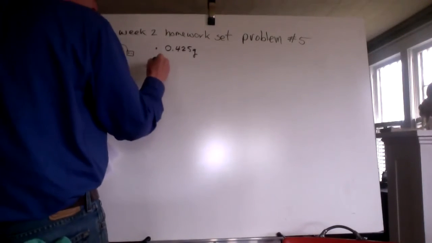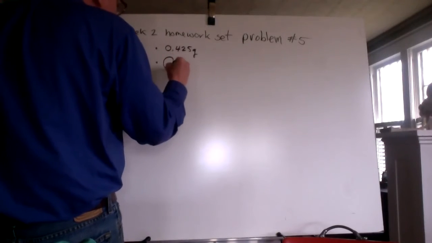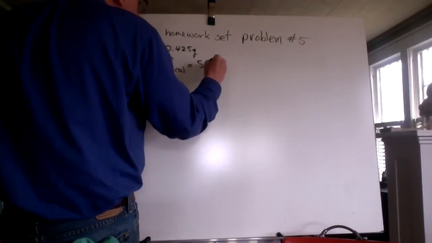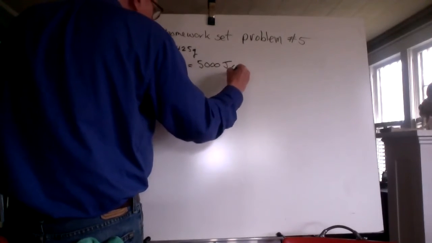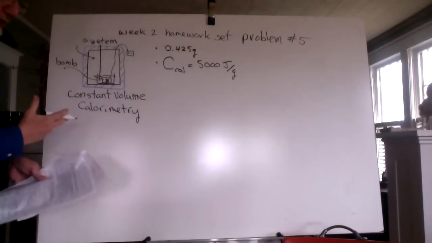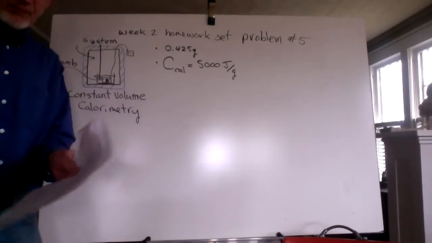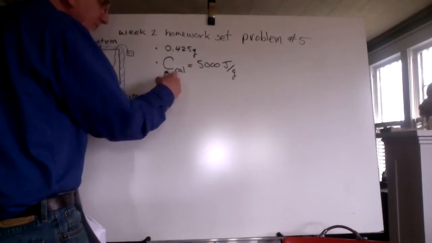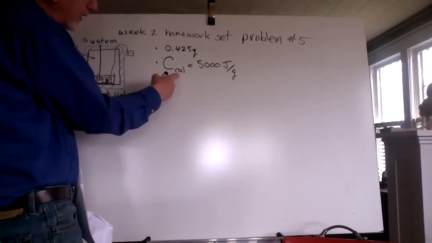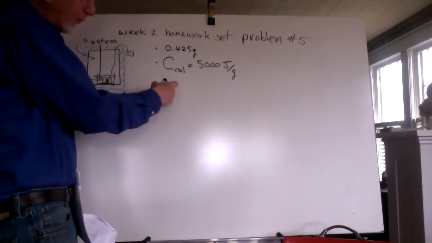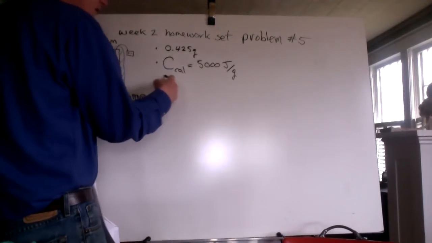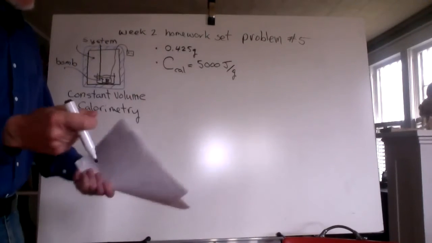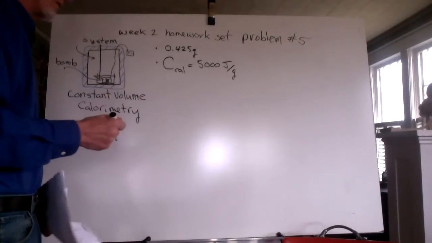And you're told that the calorimeter has a heat capacity associated with it that is equal to 5,000 joules per gram. Every constant volume calorimeter would come with a little label or a manual that says this calorimeter has a heat capacity that we're representing as capital C with a subscript cal for calorimeter. Every calorimeter has an associated heat capacity, and that would come with the instrument.